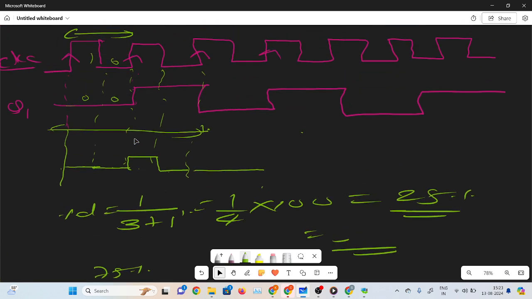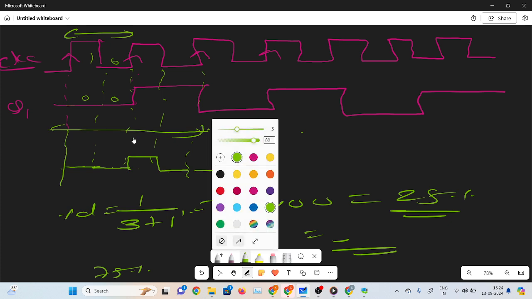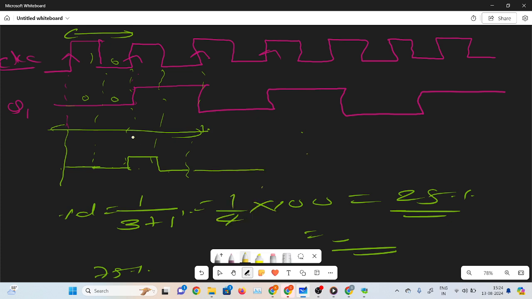It should be three times on and one time 0. Just with the help of the OR gate, if we use the OR gate. This is the AND gate, you already know, no?